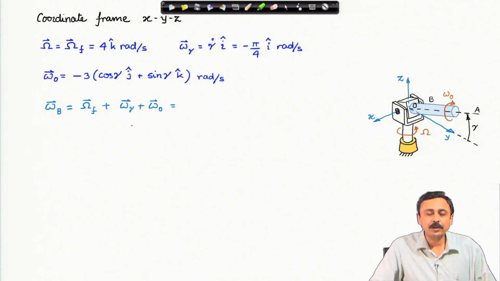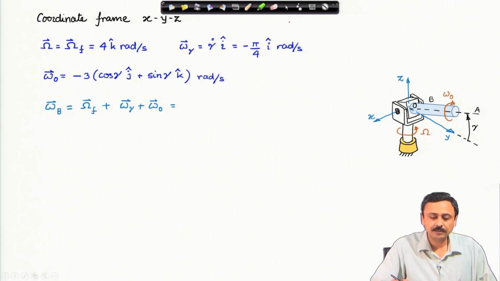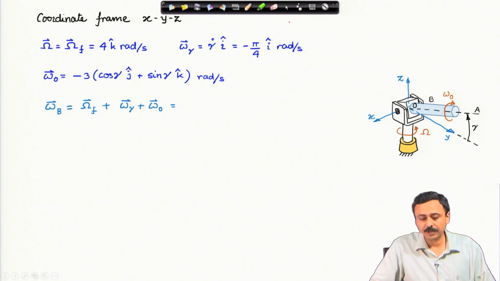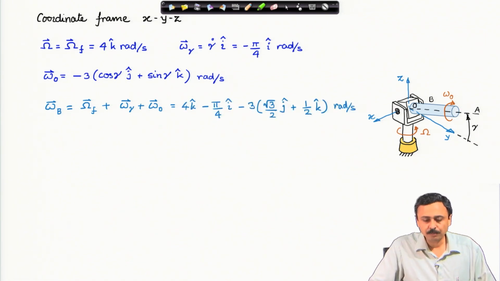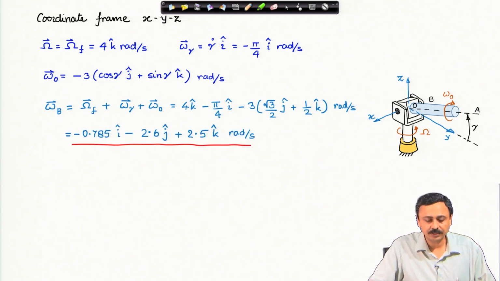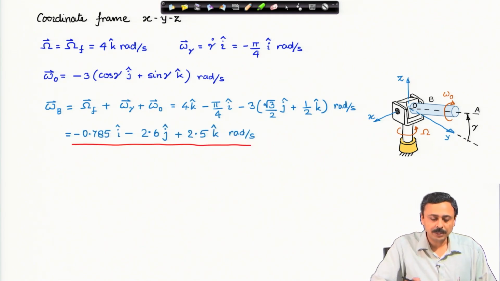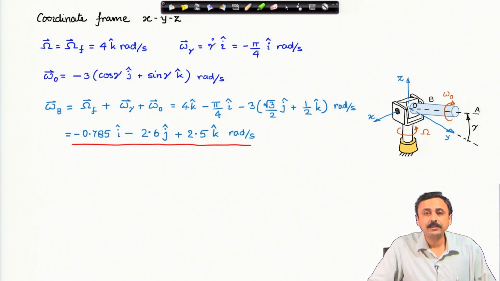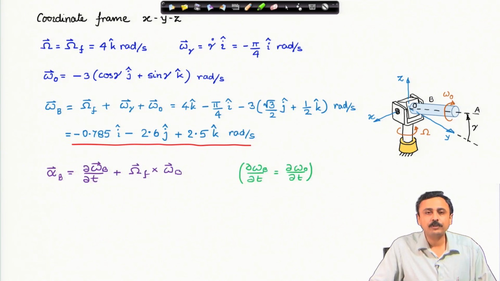Therefore, net angular velocity is omega frame plus the angular velocity relative to the frame, or as seen by the local observer. You plug in these vectors that we have derived, and we get the net angular velocity of the body of the shaft, and you can find out the magnitude of course.